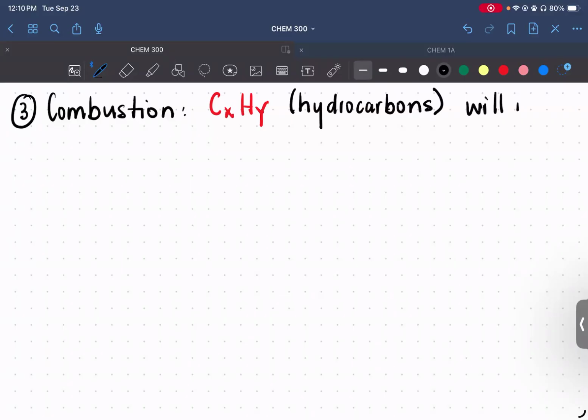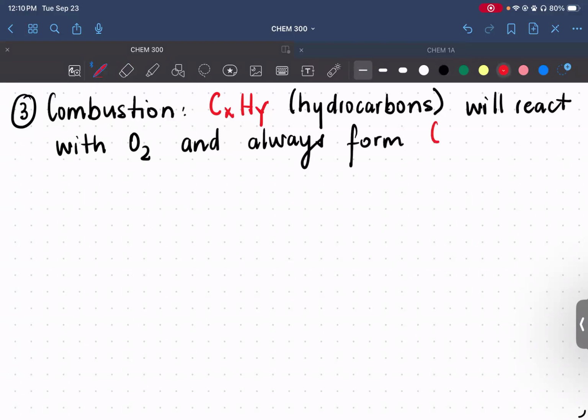Hydrocarbons will react with O2 and will always form CO2 gas and liquid water.